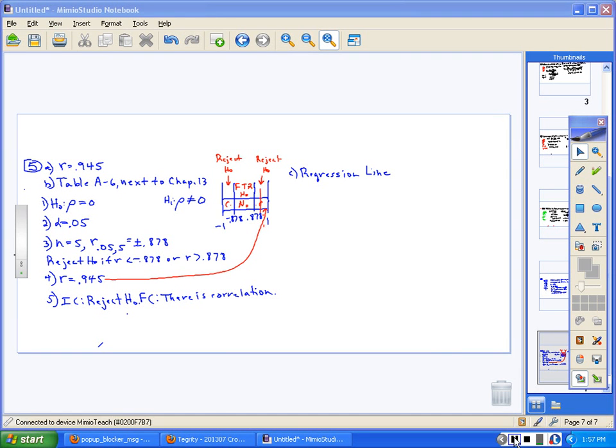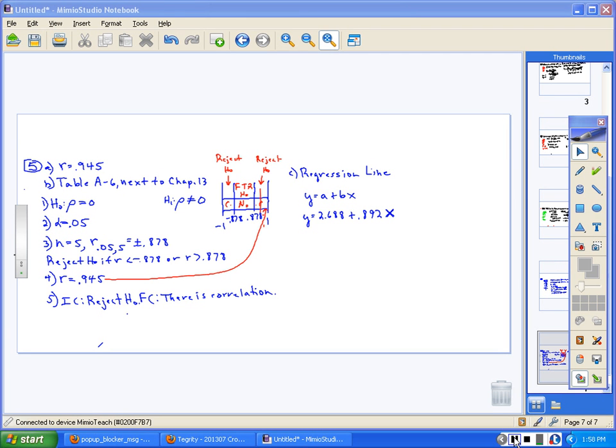Okay, and so remember from the display from the calculator that you have y equals a plus bx, and a turned out to be 2.688, and b turned out to be 0.892, and don't forget to put the x, because that is very important. So that is the regression line.